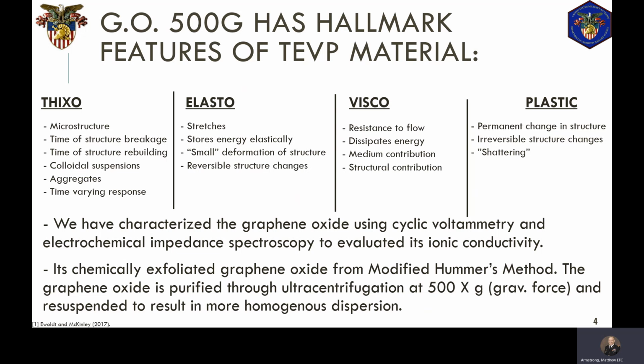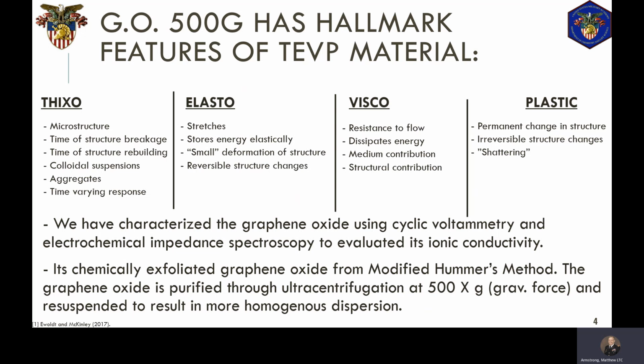We know the agglomerates undergo stretching before they irreversibly decompose and break down. It also has viscosity. The suspension itself has a backbone by which the individual aggregates and agglomerates are floating around in. And of course, the plastic word refers to this irreversible microstructure change.